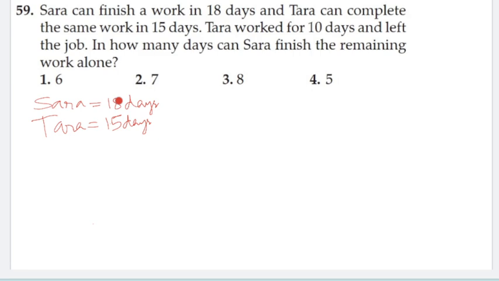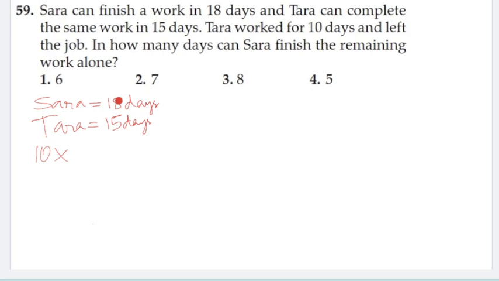So if we see here, Tara already worked 10 days. So she worked for 10 days, and the rate at which she works is, I mean, she takes 15 days to complete the work, right?